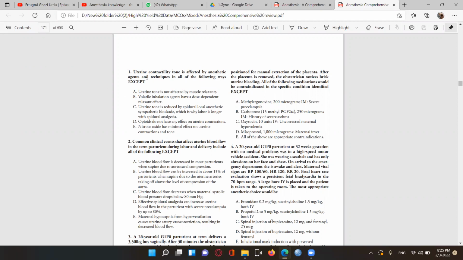Just try to recall what factors affect uterine contractility, uterine tone. What factors will affect the uterine tone? In what stages of anesthesia will there be some effect on uterine tone, or what medications will have an effect?